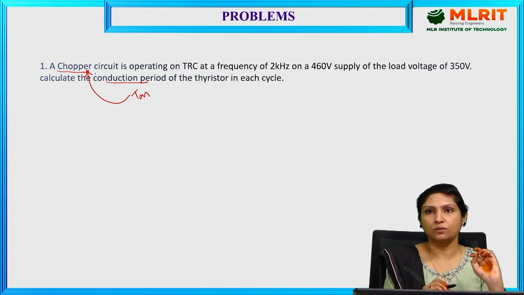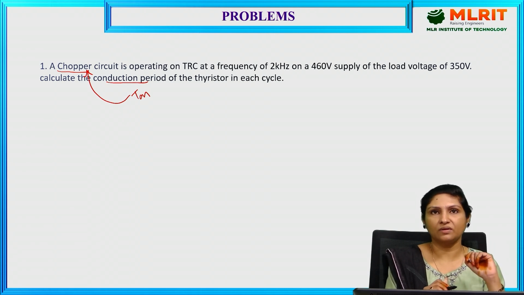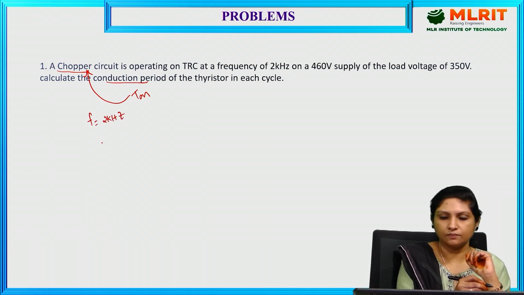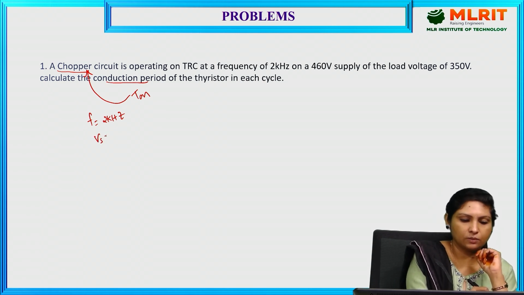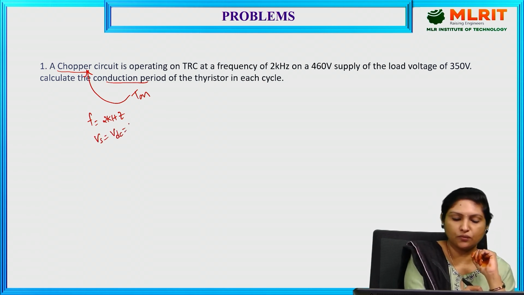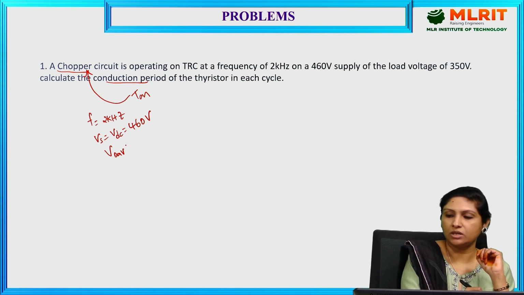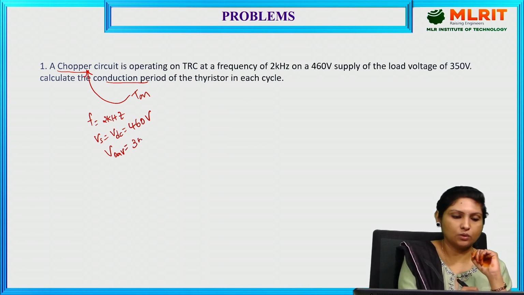Before solving any problem, let us write down the given data. Frequency is given as 2 kilohertz, and supply voltage Vs, which is nothing but VDC, is equal to 460 volts, and the load voltage, that is V0 average, is given as 350 volts.